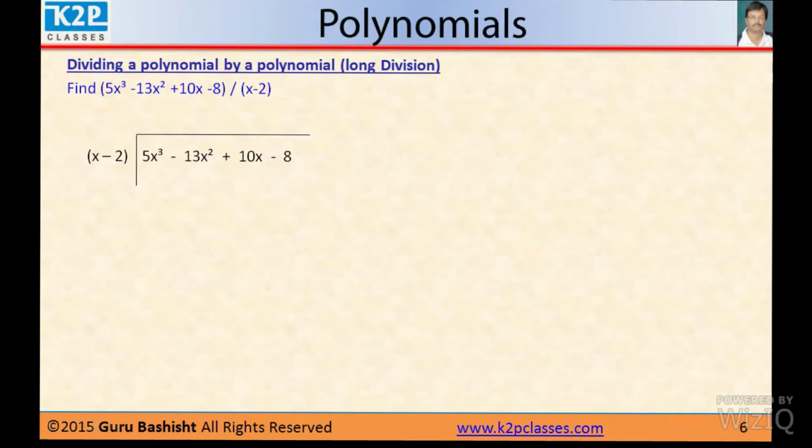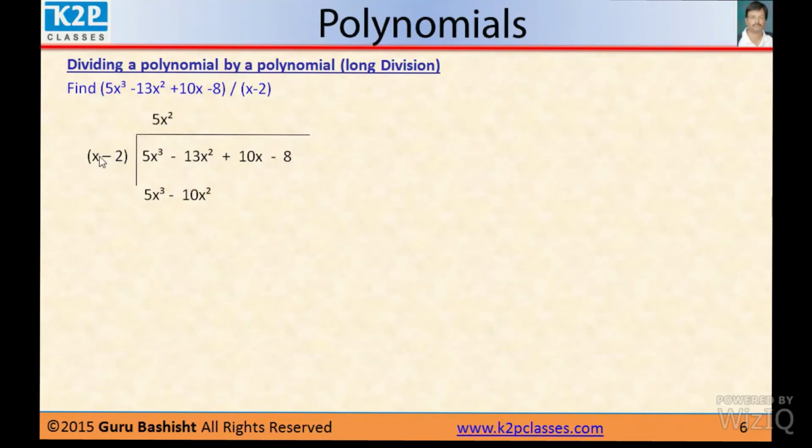So see here, this is x to the power 1, here it is x cube, and here the coefficient is 5. So you have to multiply this by 5x square to get 5x cube. So our objective is to get the first term here. So it is 5x square.